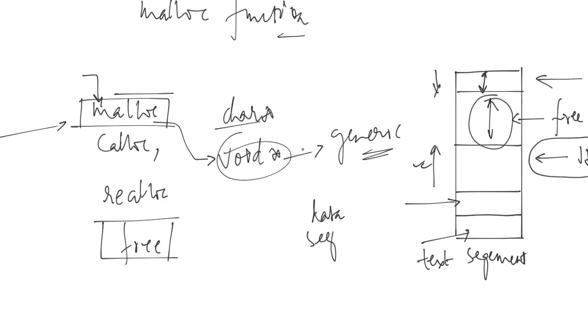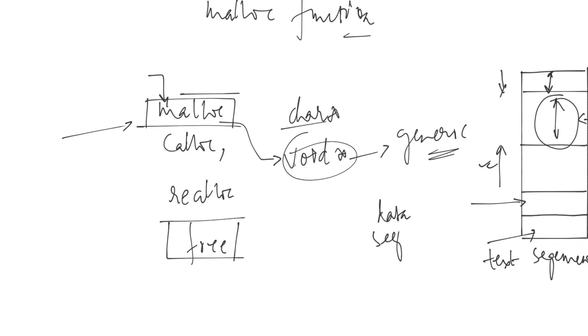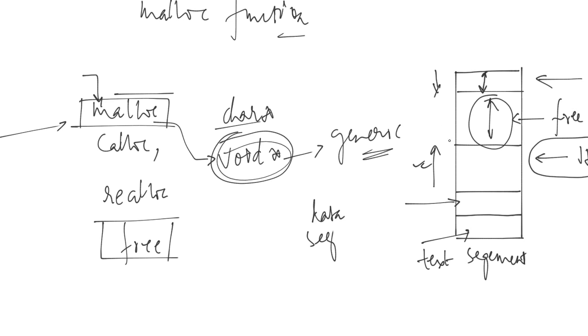So it can allocate memory for any data type. It returns void asterisk, meaning it returns a pointer to the memory.